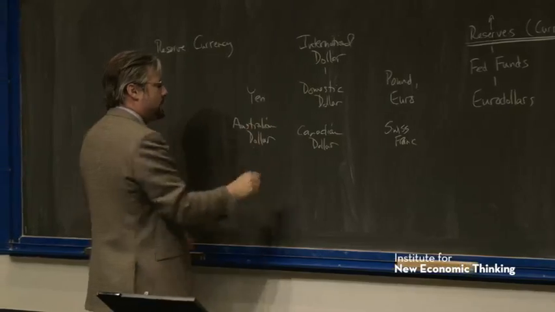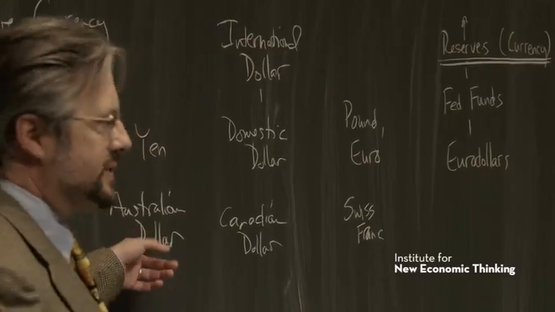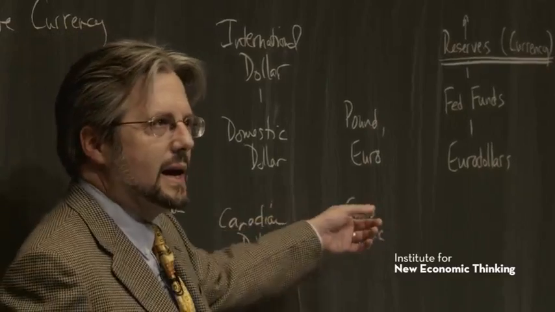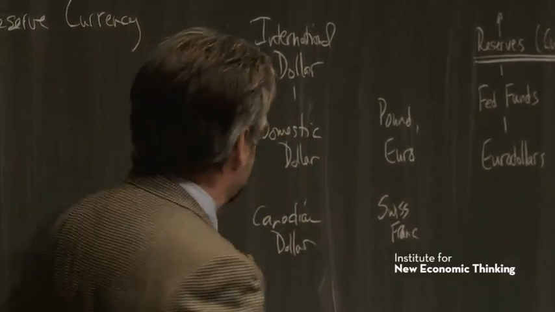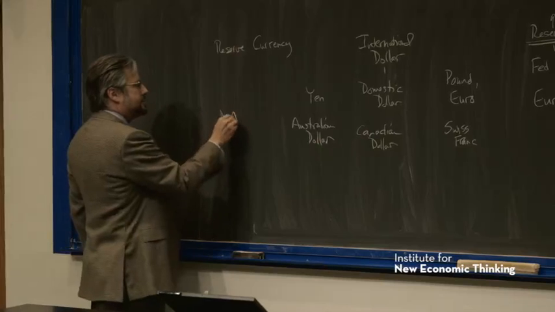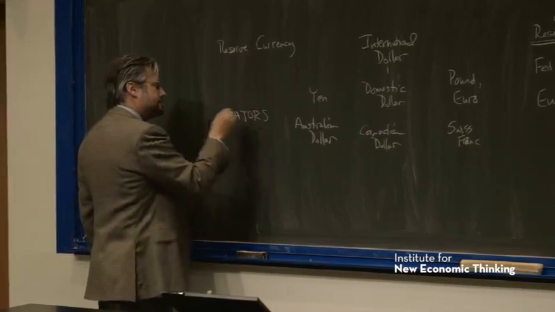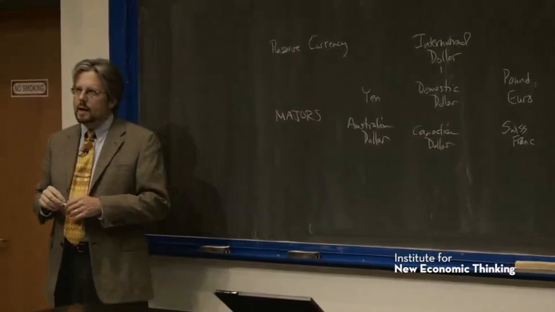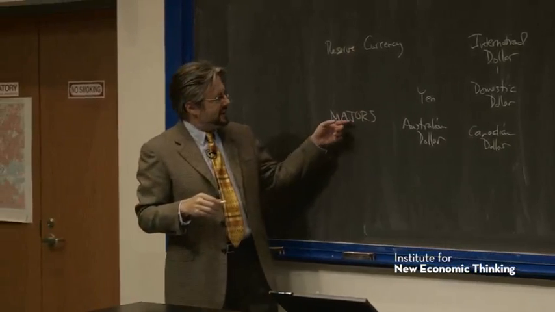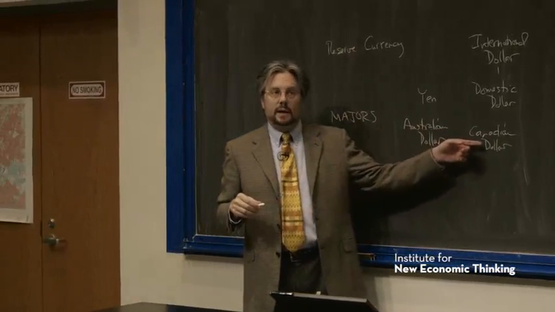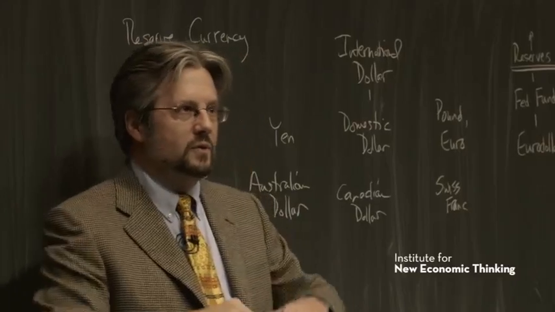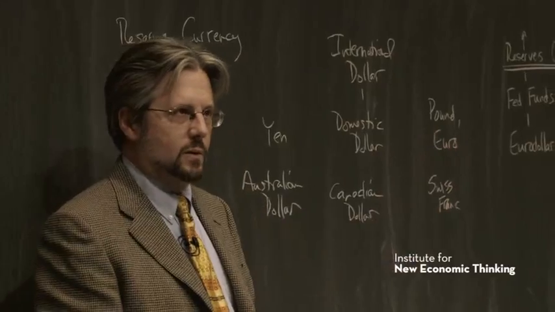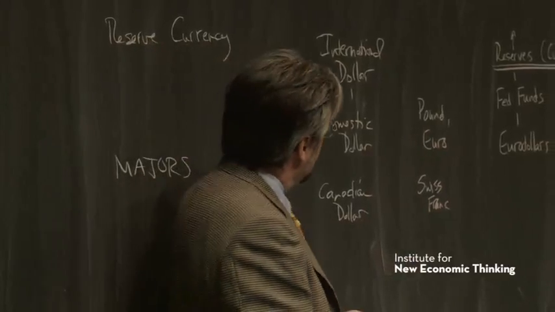These are all, well, you can tell, currencies of different countries: Australia, Canada, Switzerland. I'm writing, all of these currencies that I just have on the board here are all called majors. Okay? In the sense that they're deep and liquid markets traded against the dollar, and you can do very large trades without moving the price at all in these currencies.